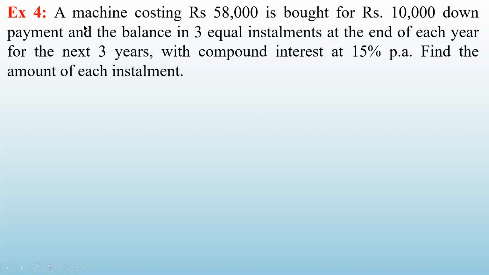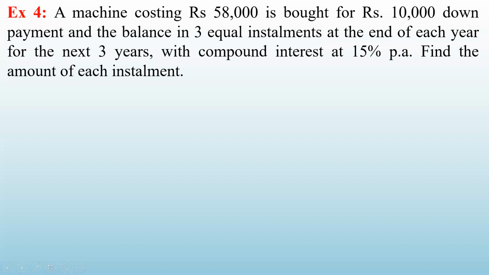The fourth question: a machine costing rupees 58,000 is bought for rupees 10,000 down payment and the balance in 3 equal installments at the end of each year for the next 3 years with compound interest at 15% per annum. Find the amount of each installment.